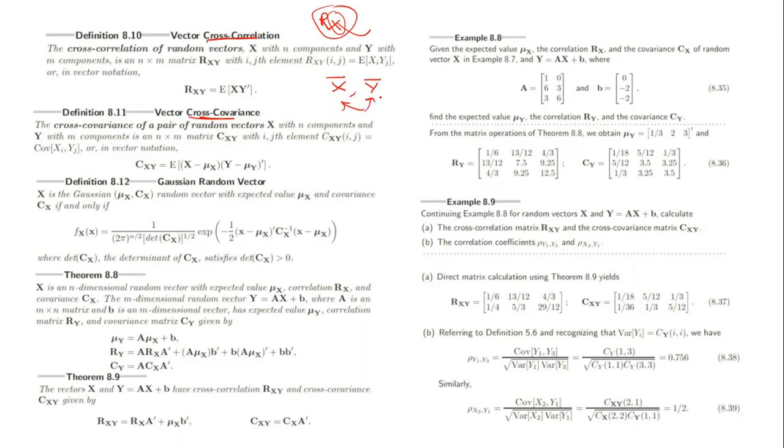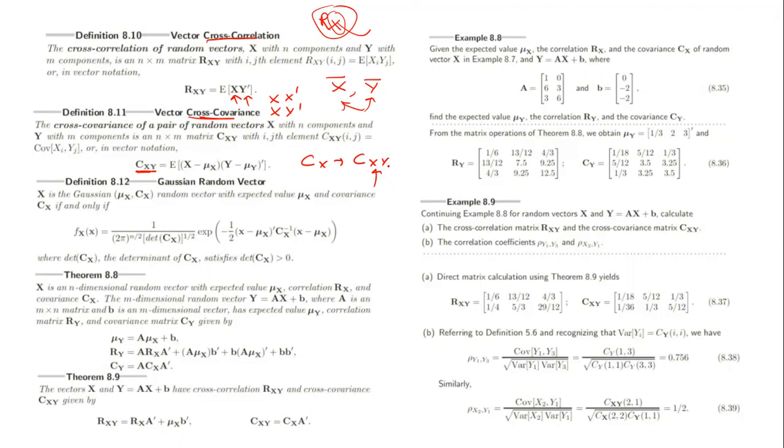We define a relationship between them based on the vector cross covariance and vector cross correlation, and these are very similar to the previous analysis, except that instead of X X transpose, now we have X Y transpose. Similarly, it was C_X, now we have C_XY. There is no big difference. The operations or calculations are very similar.